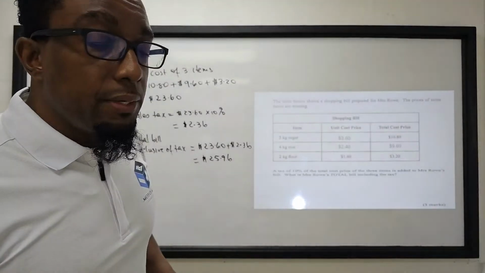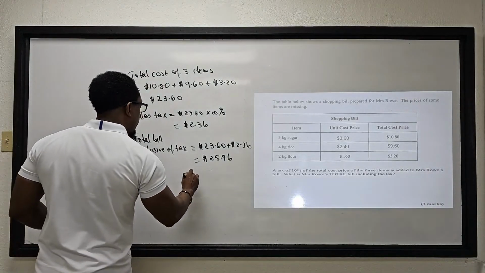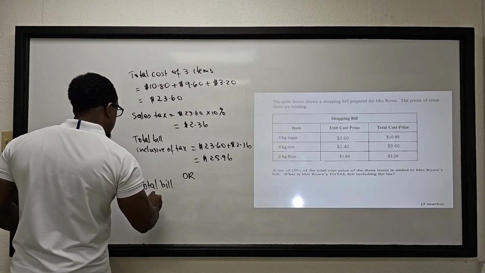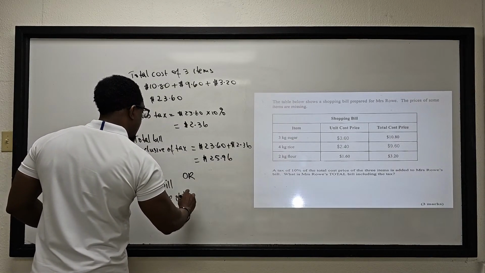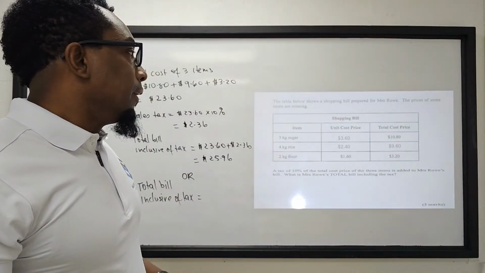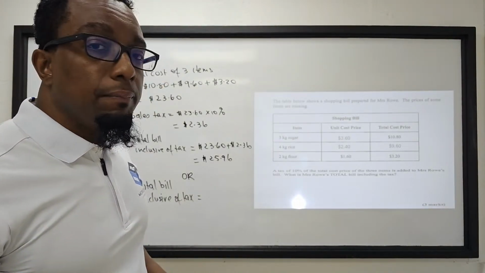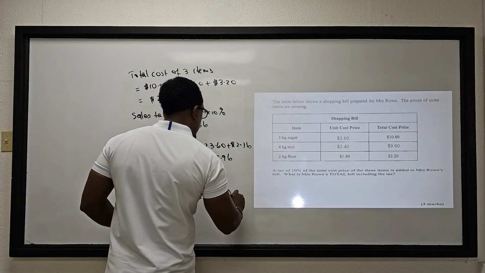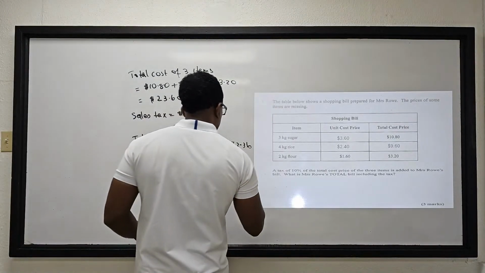Or the other approach we can use to determine the total bill inclusive of tax will be to implement what we call percentage increase. So I'm going to add 10% to 100%, and I'm going to multiply it by the total cost of the items, which is $23.60.